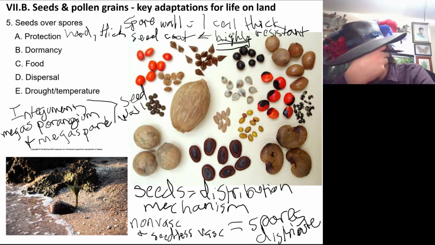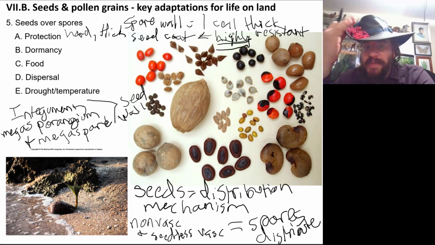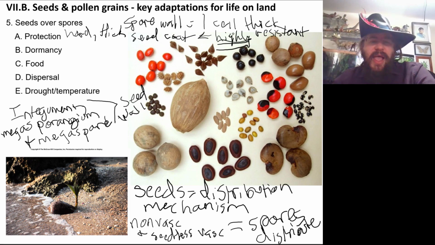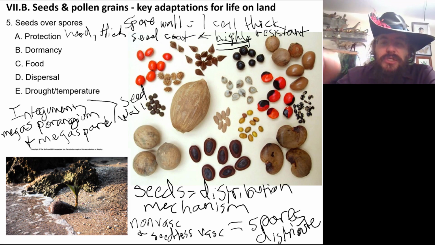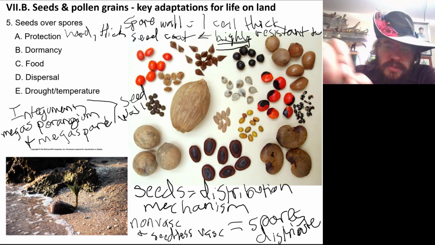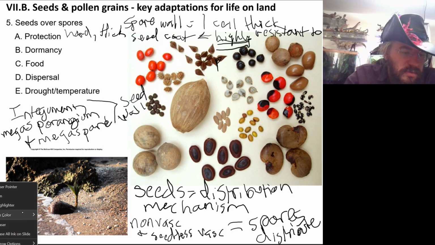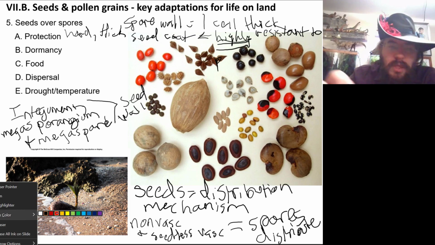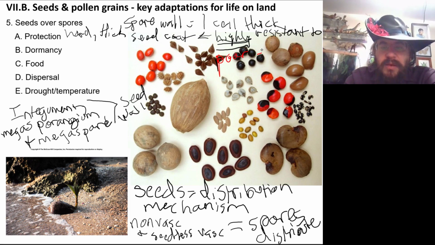You submerge seeds and they can float around until they get washed up somewhere where it's better. And that goes hand in hand, being highly resistant to poor environmental conditions. Let's write it out. Let's change colors too. Highly resistant to poor environmental conditions.